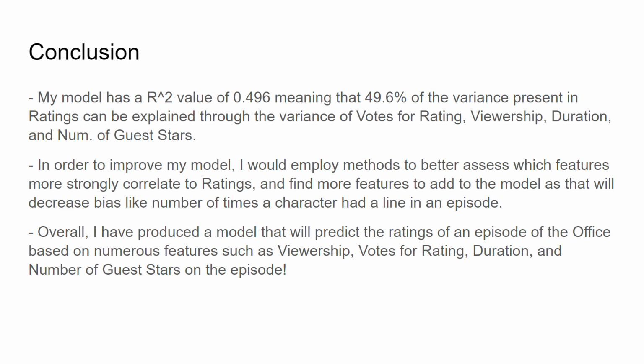In order to improve my model, I would employ methods to better assess which features more strongly correlate to ratings and find more features to add to the model, as that will decrease bias, like the number of times a character had a line in an episode and other features like that. Overall, I have produced a model that will predict the ratings of an episode of The Office based on numerous features such as viewership, votes for rating, duration, and number of guest stars on the episode.